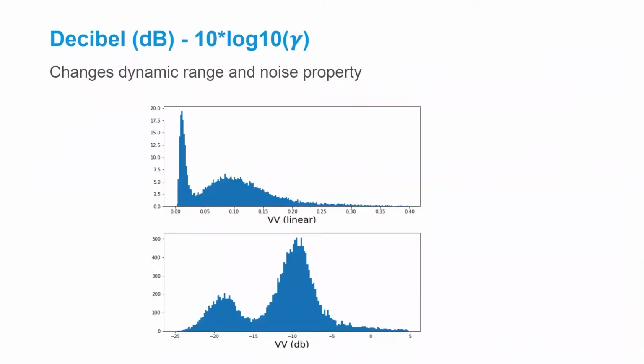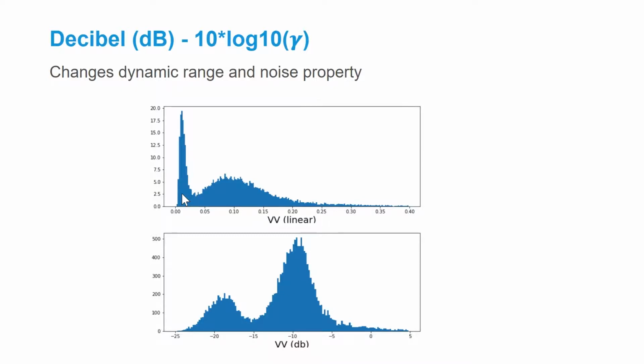The other thing people always do when doing analysis with radar data is the decibel conversion. This is just a log transformation. As you can see, the formula is really just doing a log transformation. So it's not really changing the relative strength of the signal, but it changes the distribution. So this is an image, I think, with a water surface, giving you the low backscatter, and then some land pixels. This is in the original linear intensity measure that's provided in the data.